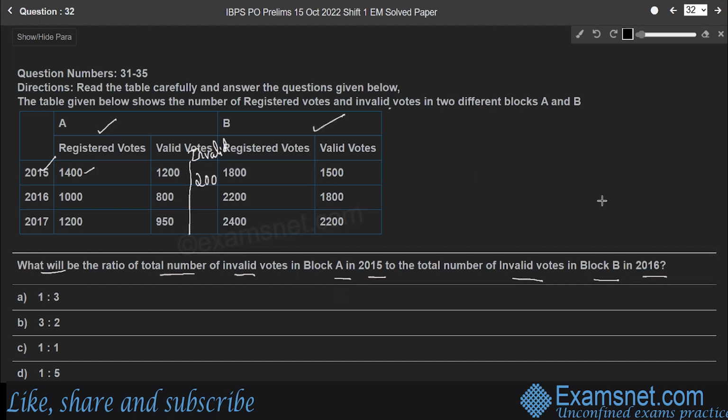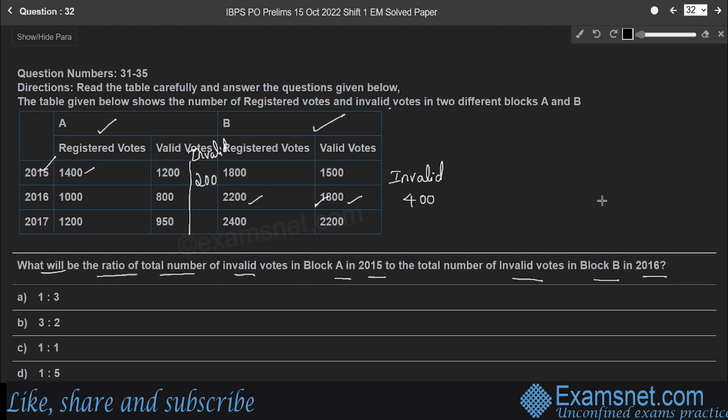Whereas in block B, in 2016, the number of invalid votes is 2200 minus 1800, so 400 votes are invalid.